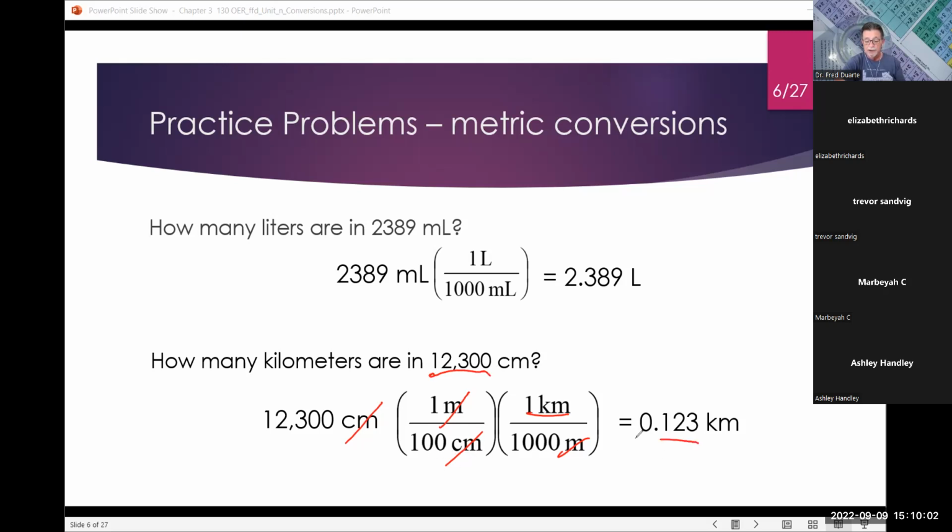So this number at the end should be much smaller than what I started off with, and that's the case, okay? If I start off with a number much, much greater than what I started off, that means I multiply by 100 and 1,000, and I divide. So give your answer some thought.